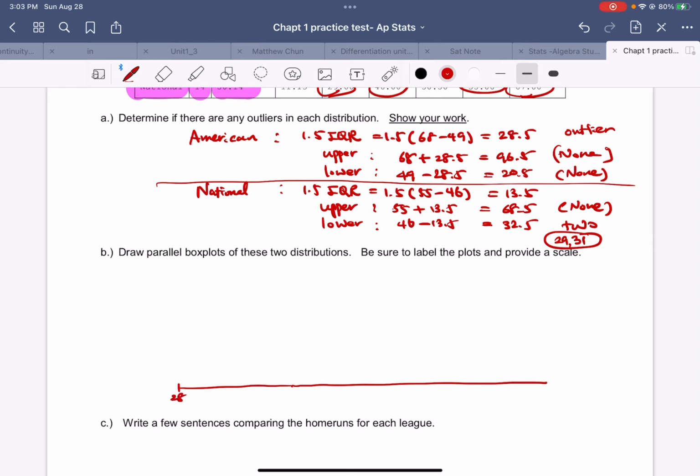Say 28, 30, 32, and you keep going: 34, 36, 38, 40, 42, 44, 46, 48, 50, then 2, 4, 6, 8, 60, then 62, 64, 66, 68, 70, then 2, 4, 6, 8, maybe up to 78.